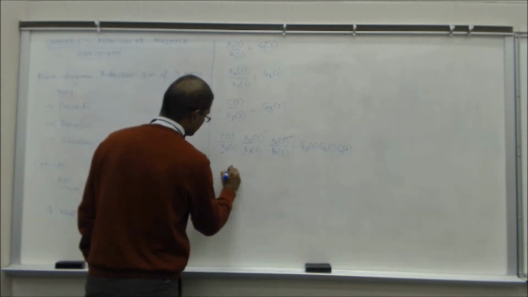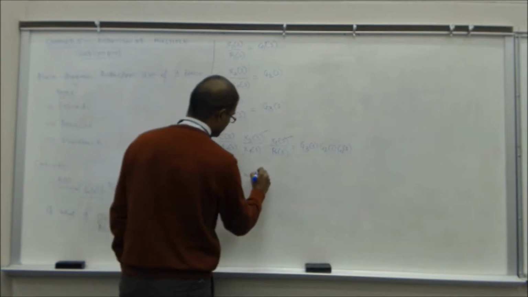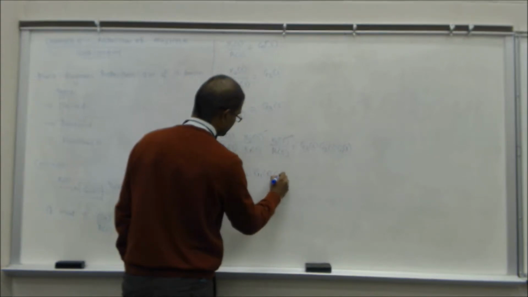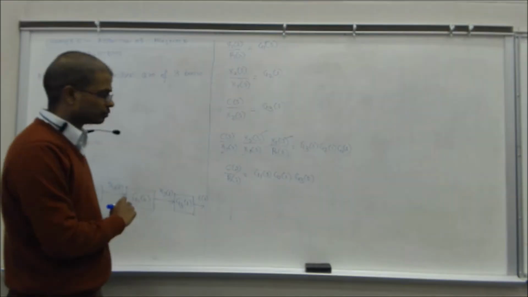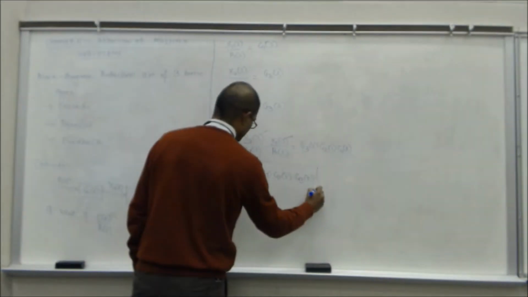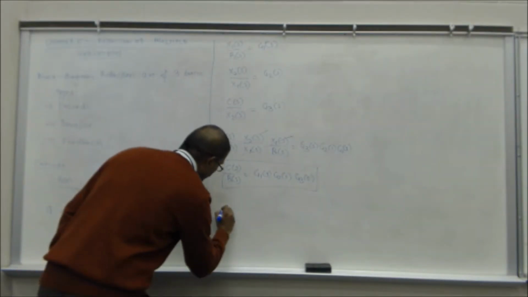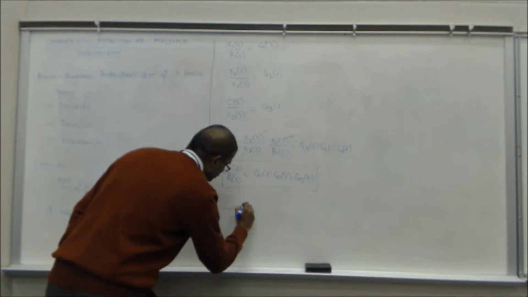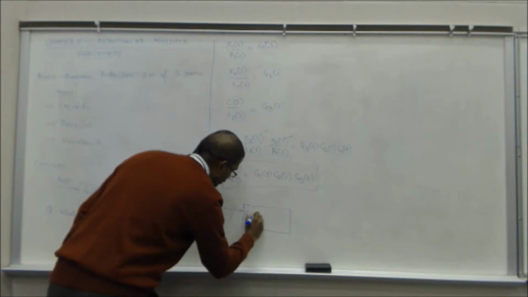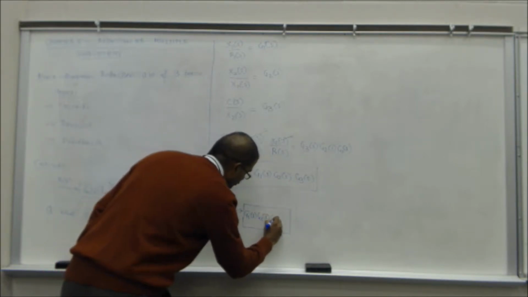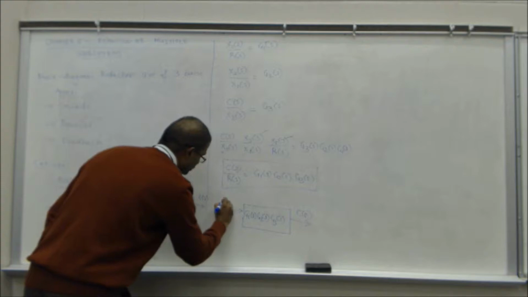So what you're going to get here is C of S over R of S is equal to G1 of S, G2 of S into G3 of S. Okay? So as a combined block, this is how you're going to write. G1 of S, G2 of S, G3 of S. This is C of S, this is R of S. Okay.